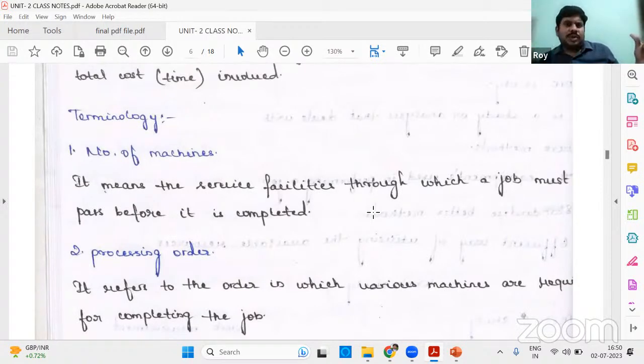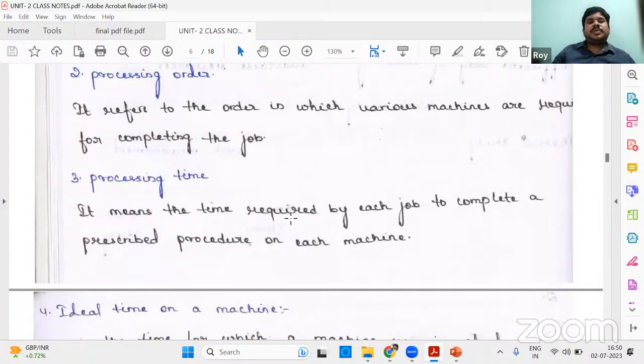It has to go through one machine, then another machine fills it, another machine seals it, and another caps it, and then it is given to dispatch. Two, the order refers to the sequence in which the various machines are required for completing the job. You cannot miss the order. If you don't know how to find the order, you cannot do the sum.